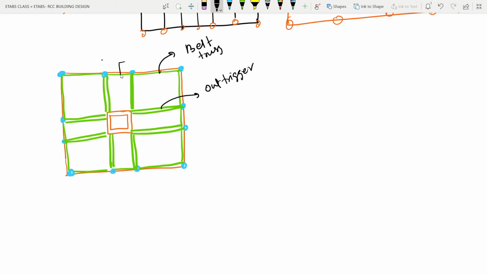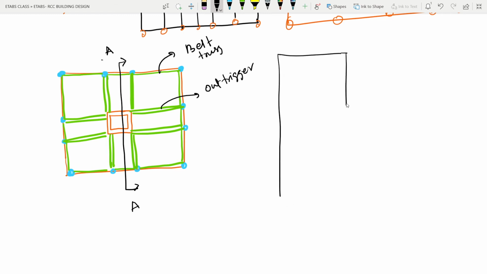Now let me draw the elevation of this cross section, cross section AA. Suppose it is a 50-story building. I will not draw the bottom one. We have the core here, and obviously we will see the core walls here.